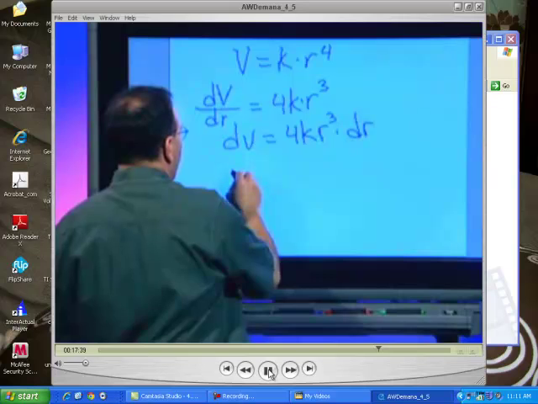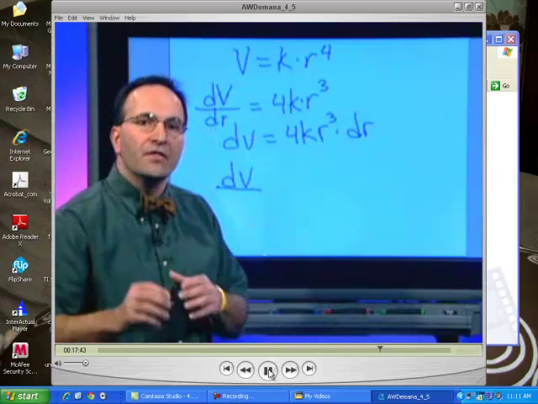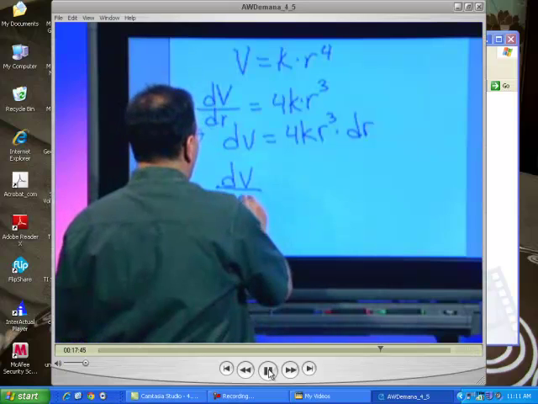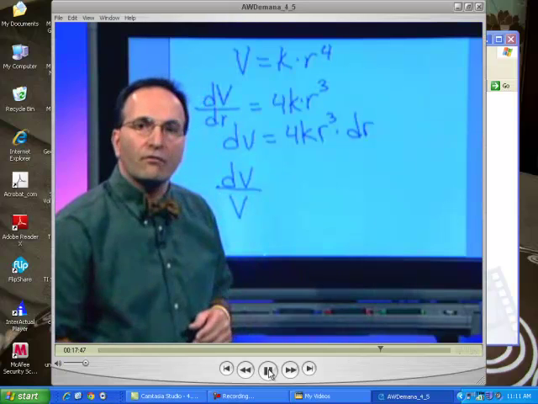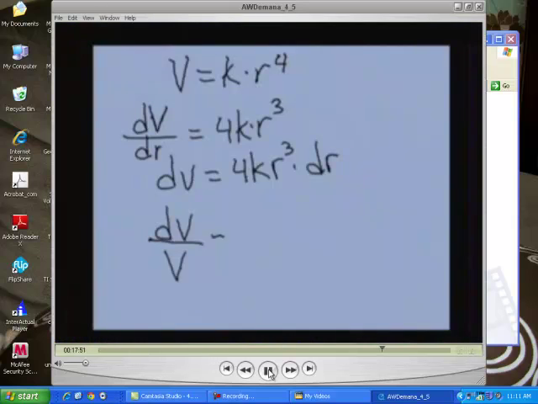Now what I want is, how does that change in the volume affect the overall volume? So dV divided by V. So that's going to be equal to my 4K R cubed times dr over the original volume, which is K times R to the 4th.